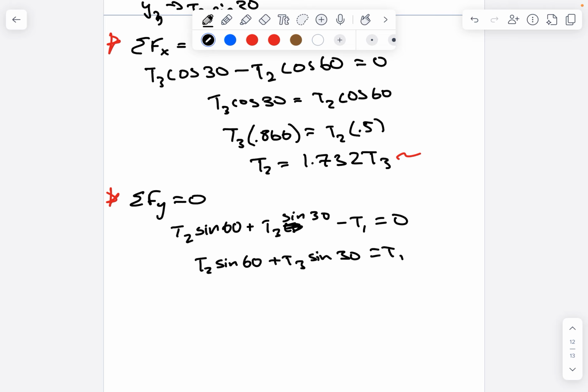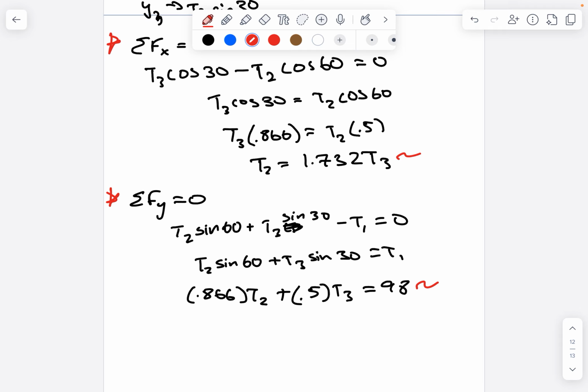So this becomes 0.866 T2 plus 0.5 T3 is equal to 98. And this is our second governing equation.